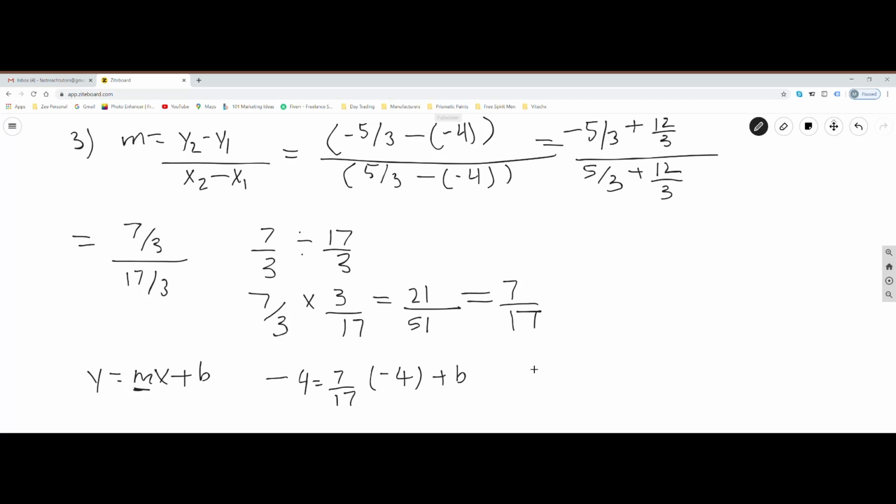So now you have -4 equals -28 over 17 plus b. And then if you add it, -4 plus 28 over 17 equals b.